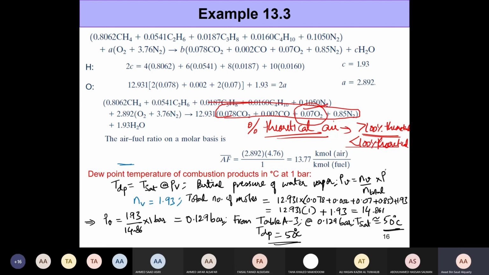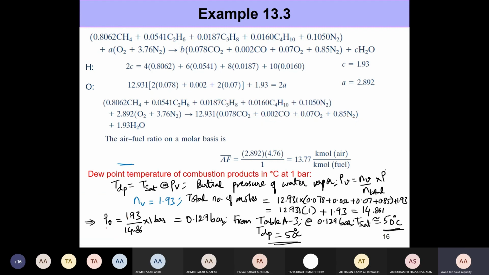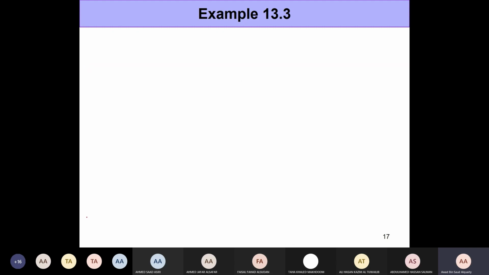To calculate exactly how much, we need to calculate the theoretical air. What is the air-fuel ratio required for theoretical air? For that, we again take the fuel, and we don't know how much air is needed for complete combustion, so we'll have to balance the equation again.